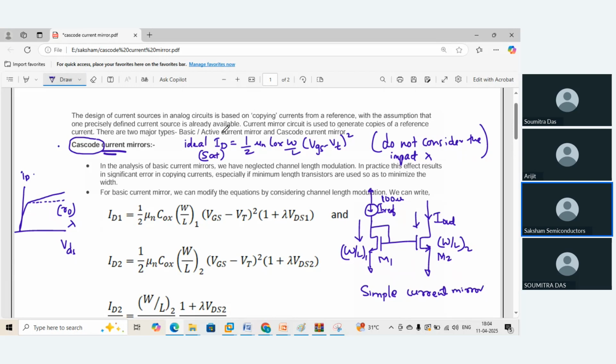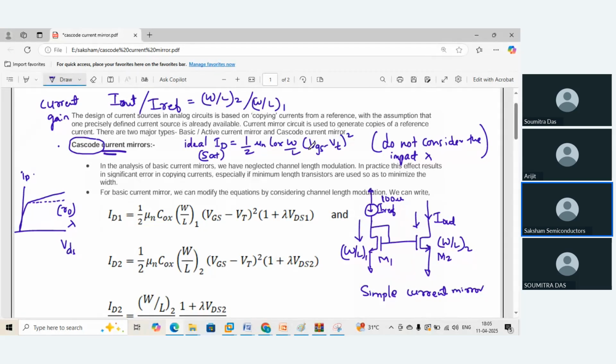That will be the scaling factor. When we want to calculate the current gain, I out divided by IREF, the current equation remains the same, all the terms cancel out, and only the W by L of 2 divided by W by L of 1 remains.